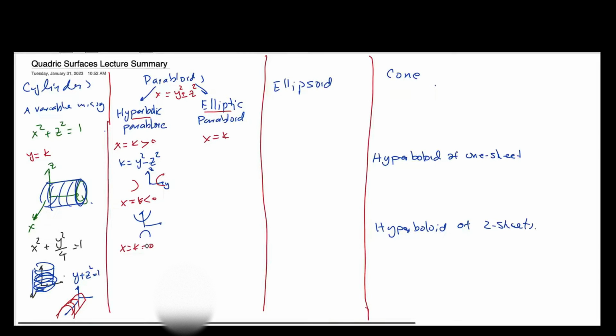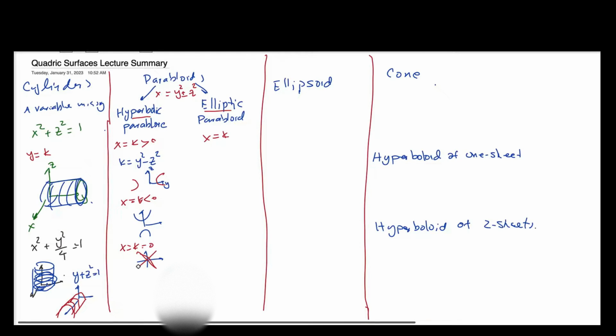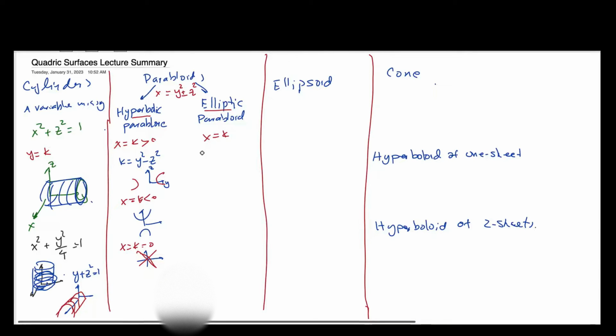And if k was 0, then it would be just 2 lines, because it would be y squared equal to z squared. It would look like that. And so you can see that it gives me a lot of information. And over here I can see also x equal to constant gives me k equal to y squared plus z squared.